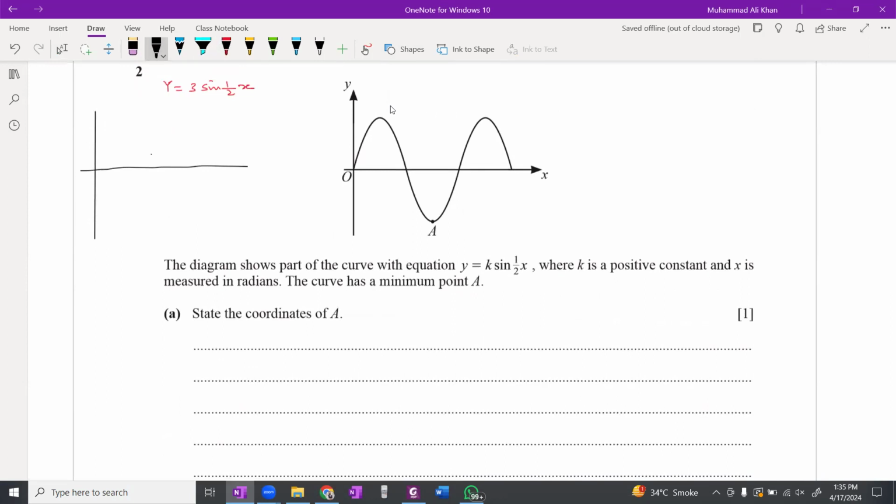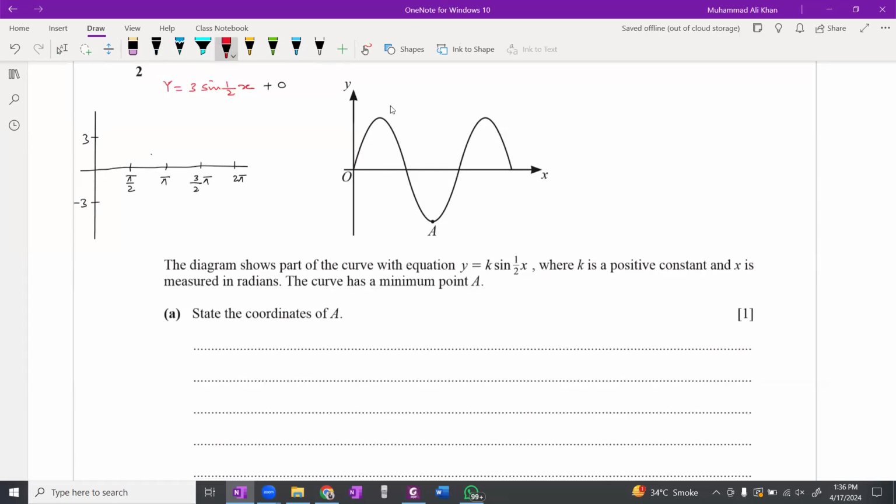So now, divide the x-axis: 90, 180, 270, and 360. The multiple is 3, so we have to go 3 units above, as the main axis is 0, because there is no constant term in the function. Here it is minus 3.